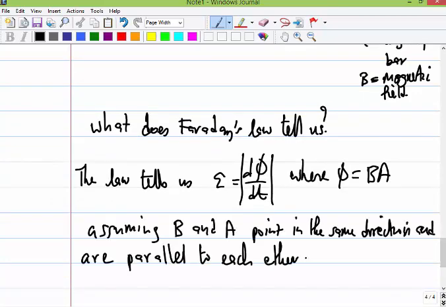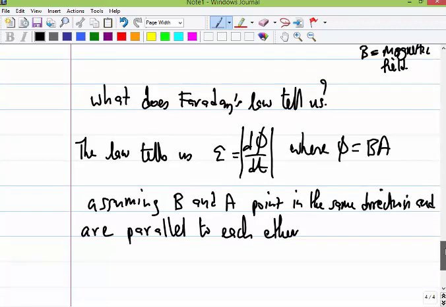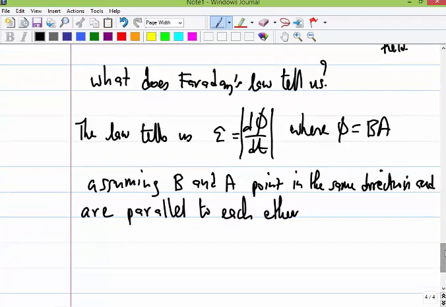Since they are parallel, the flux B dot A is just B times A. So the EMF can be written as the absolute value of d dt of the flux, which is the magnetic field B times A.